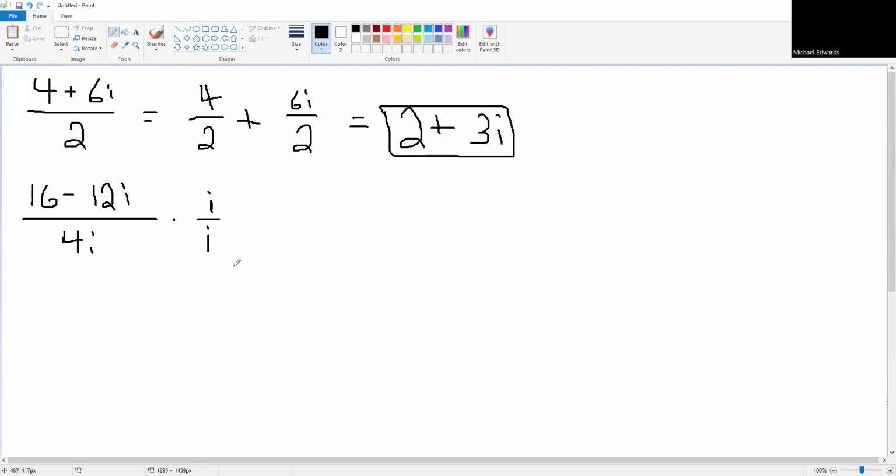It's i over i, which is really just 1. Imagine you're distributing into each one. This will give you 16i minus 12i squared all over 4i squared.